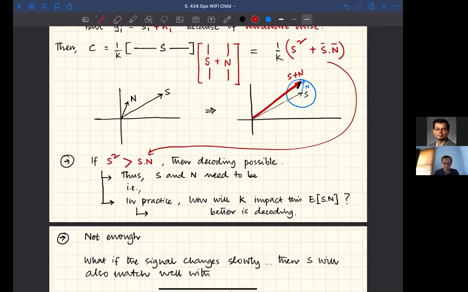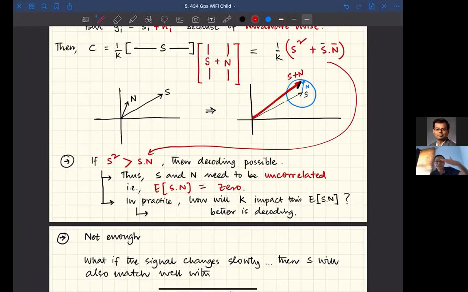Right? So thus S and N need to be uncorrelated. That is, the expectation of S and N should be 0. Right?